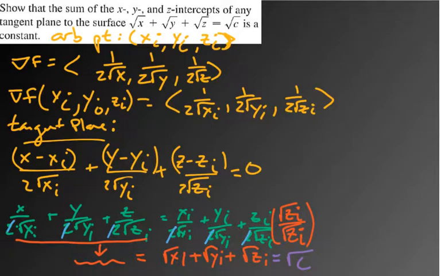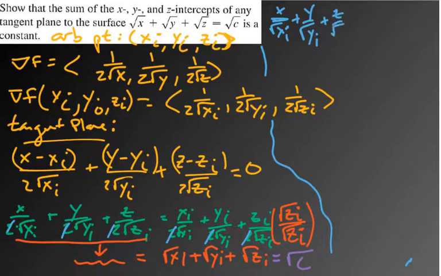So now, I'm running out of room. So I have x over root x sub I plus y over root y sub I plus z over root z sub I equals root c.